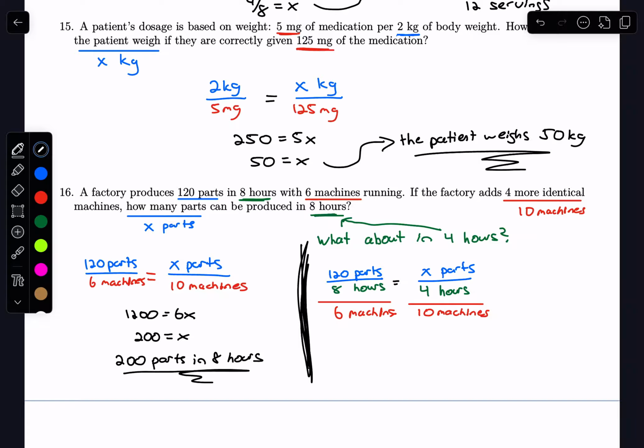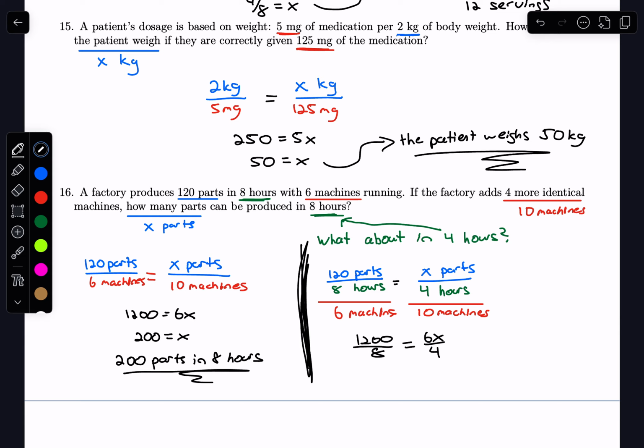We have 120 over 8 on top of the left, and I'm going to multiply it by 10. I'm going to leave it as a fraction, so the 10 multiplies times the 120 on top. That gives me 1200 over 8. And when I cross multiply the other way, 6 times x over 4, I get 6x over 4.